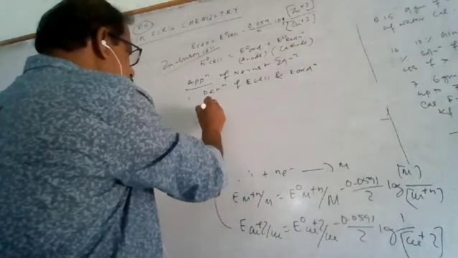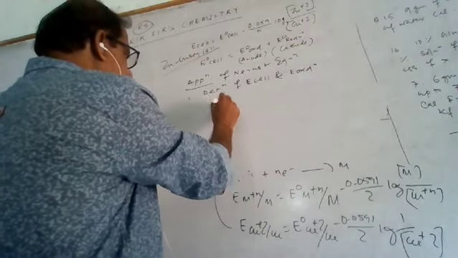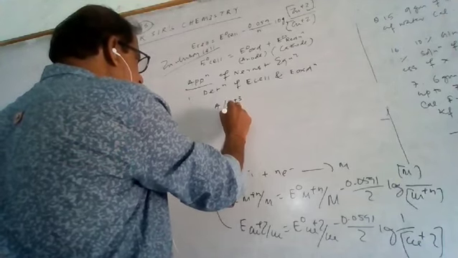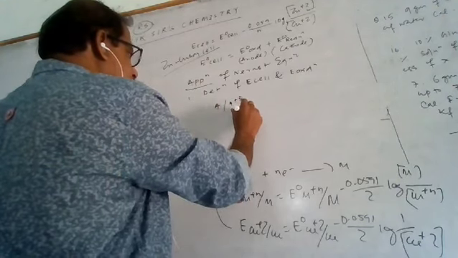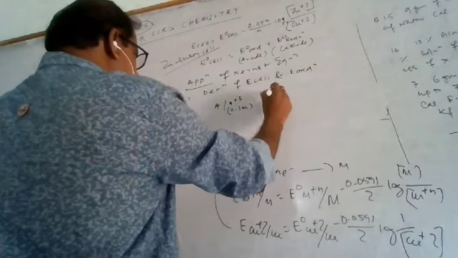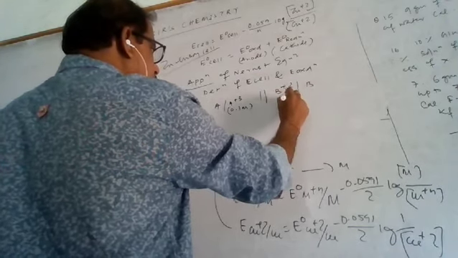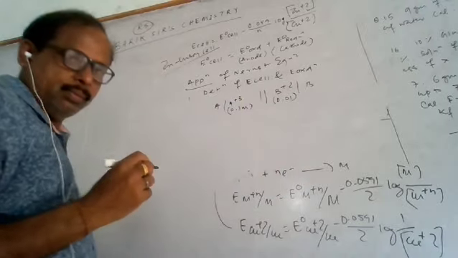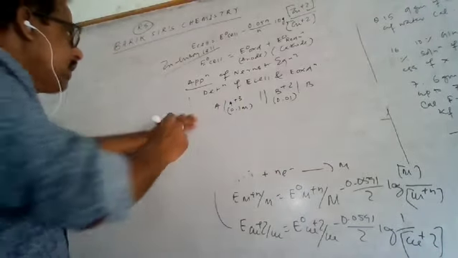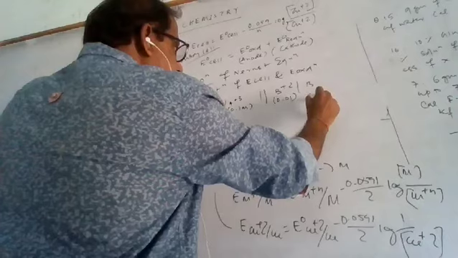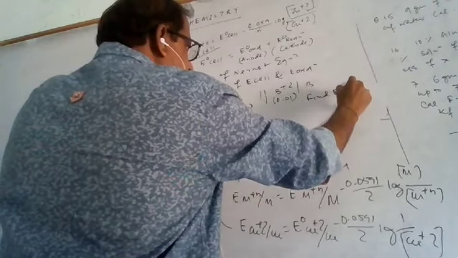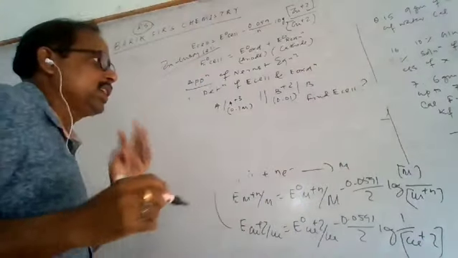Let us take an example. A converted to A plus 3 with 0.1 M concentration, and through the salt bridge, B plus 2 converted to B with 0.01 concentration. We are going to find the E cell here.